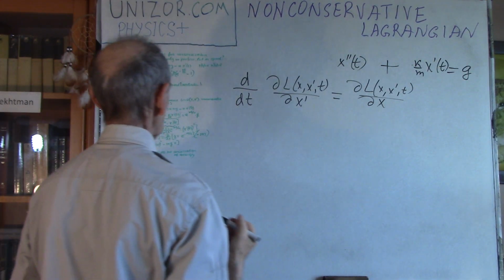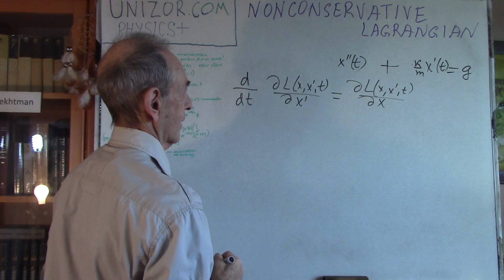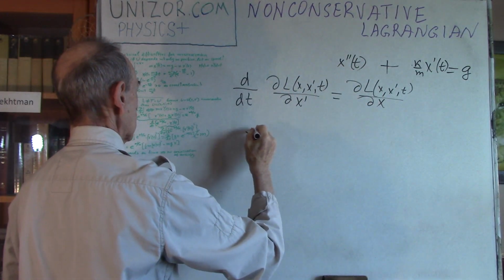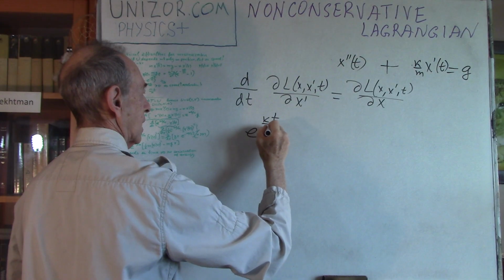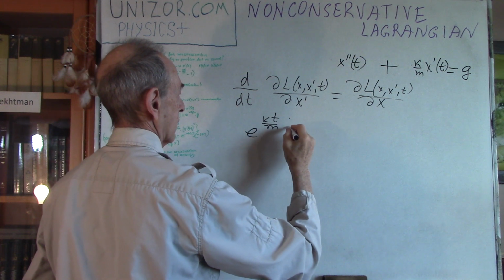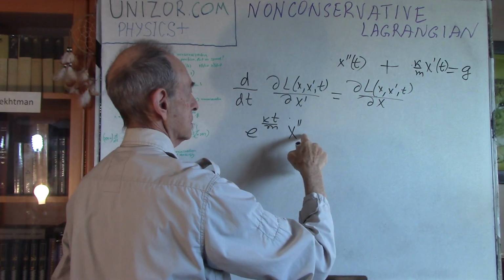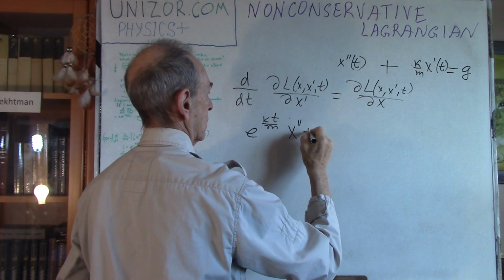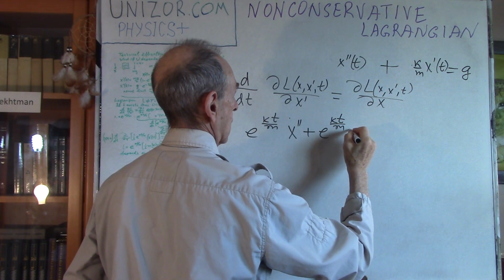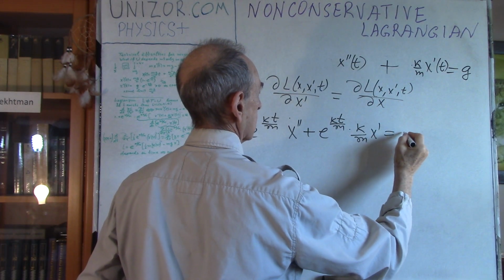Okay, so what actually was kind of an ingenious guess was, let's multiply both sides of this equation by e to the kt divided by m. So what I will have is this. I will not use t, it's assumed basically, plus this equals this.